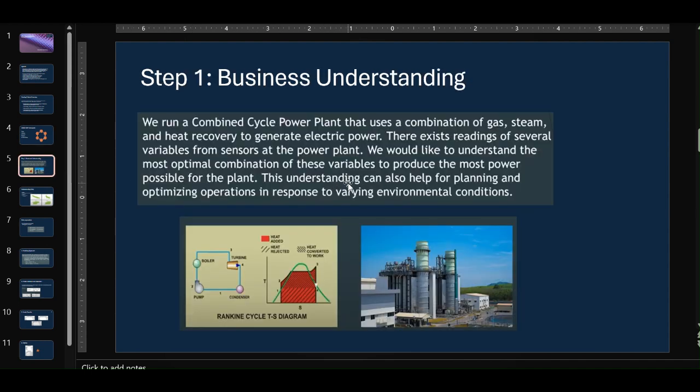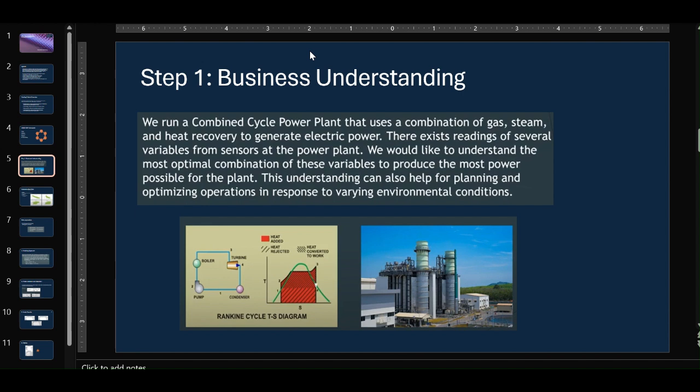Now, coming to number one, which is the business understanding. We run a combined cycle power plant that uses a combination of gas, steam, and heat recovery to generate electric power. It is basically a combined cycle power plant with heat engines, and they work in tandem from the same source of heat, converting it into mechanical energy.